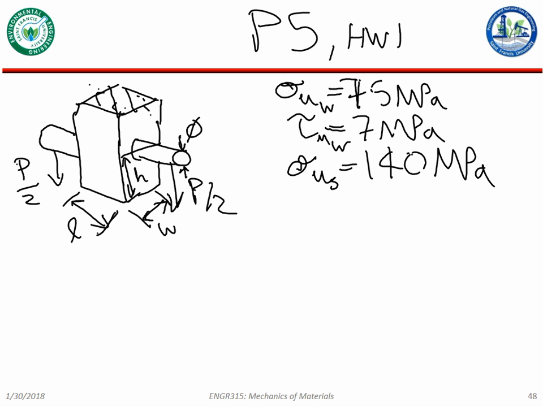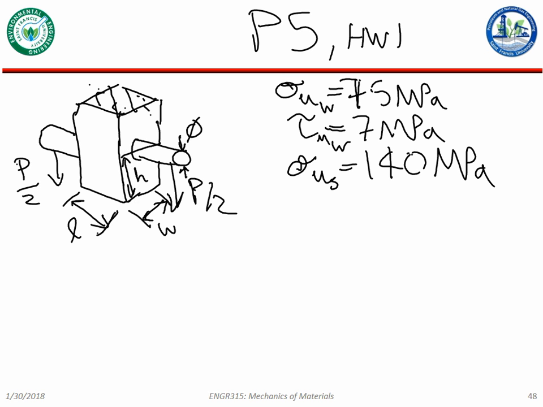Okay, and then we have a bunch of dimensions and stuff too. But first things first. So we're given 3 different strengths. I think the question is, find the maximum force that you can apply to this block, right? So that means we need to find all the limiting cases, all the different kinds of stresses being put onto this block and this metal pin.